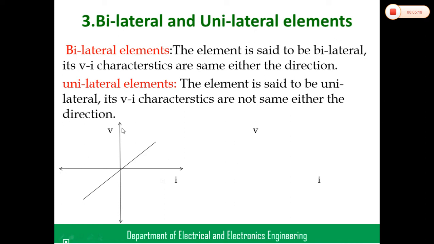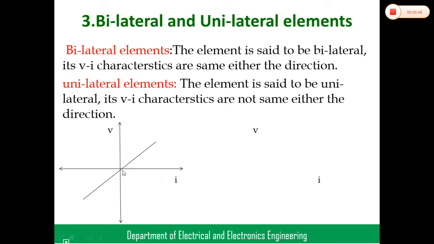Let's say the element characteristics are like this, that is VI characteristics. The definition is that the VI characteristics are the same in either current direction. Here the current is in the positive direction, and this is the negative direction.